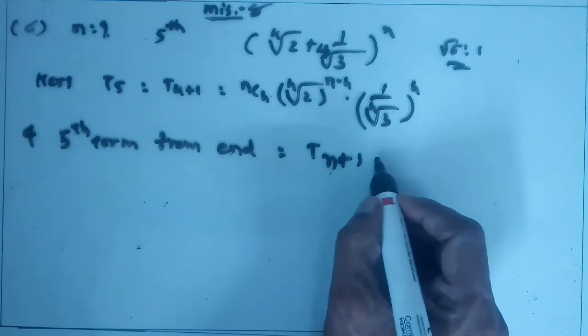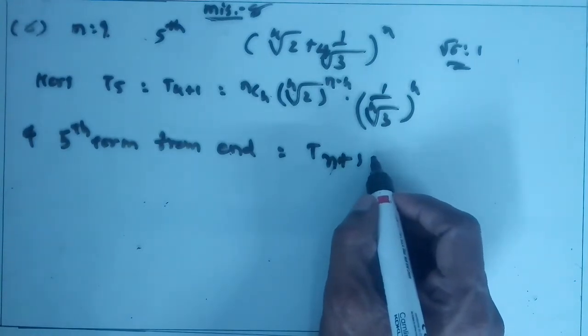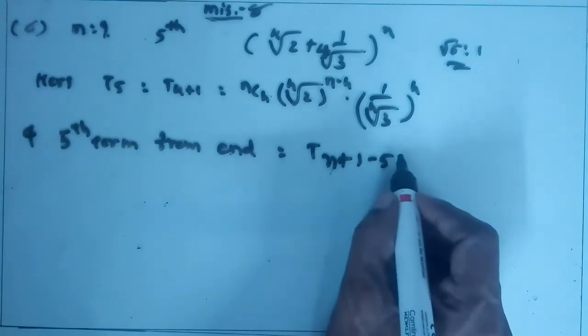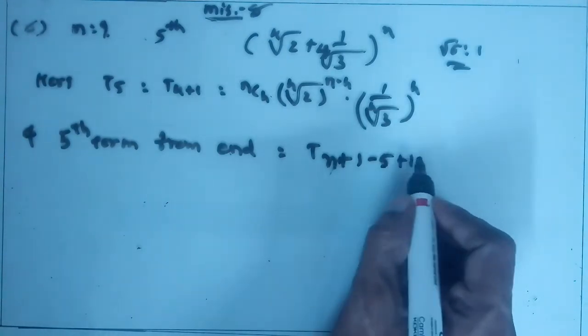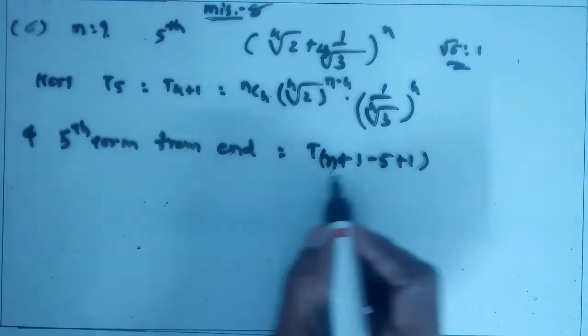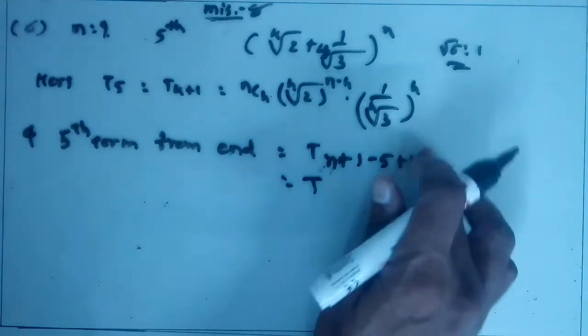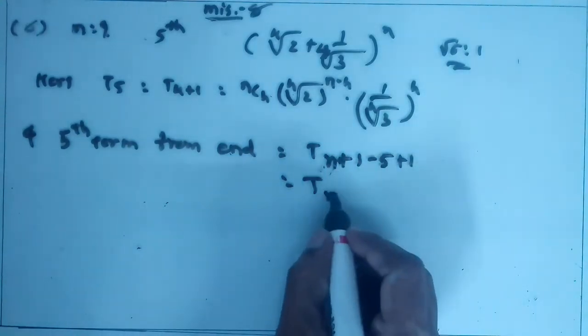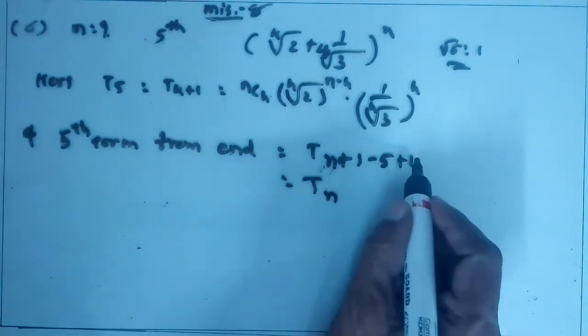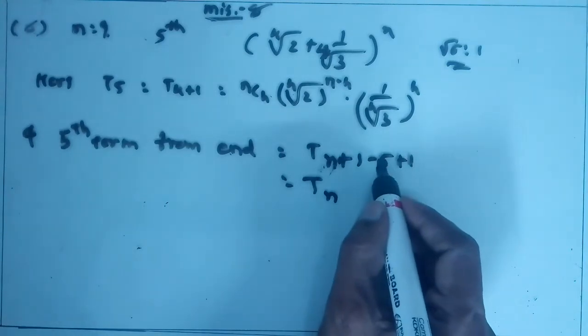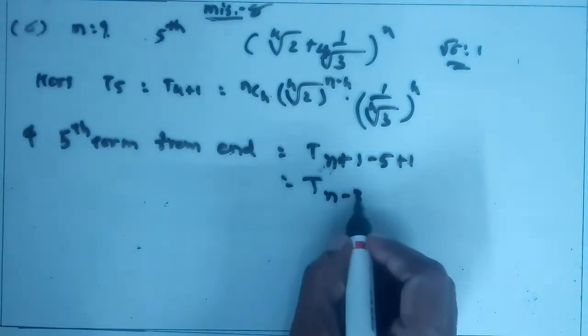Now from the end, the number of terms is equal to minus 5 plus 1. Remember this here. So is equal to T, now apply the bracket, n plus 1 plus 1, 2 minus 5 becomes minus 3.